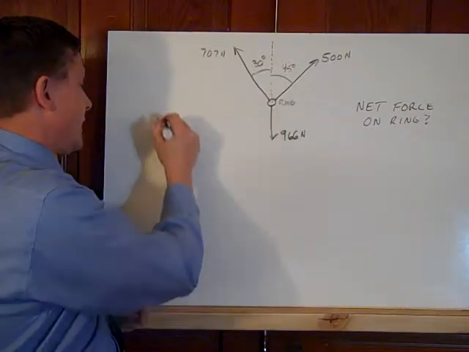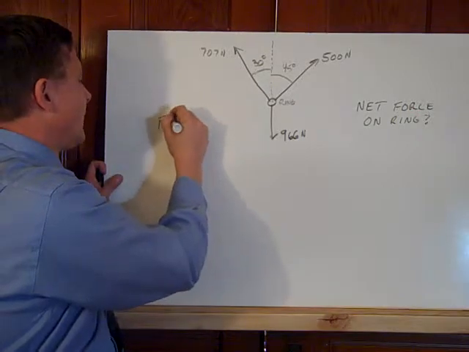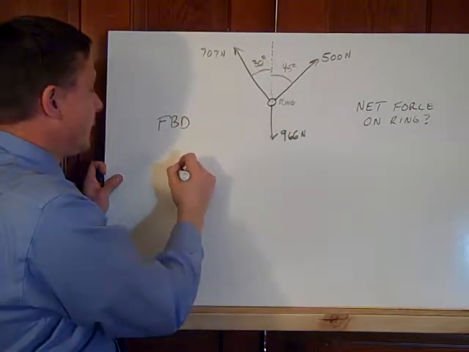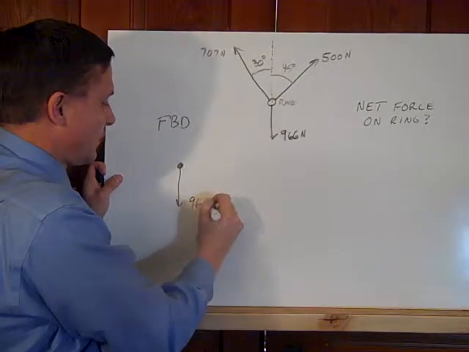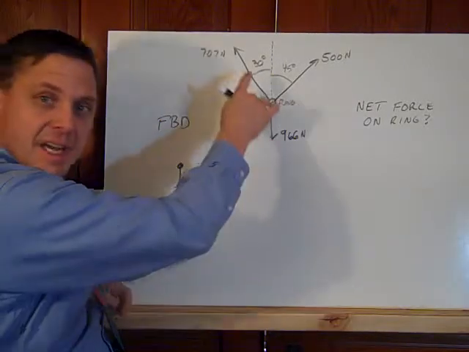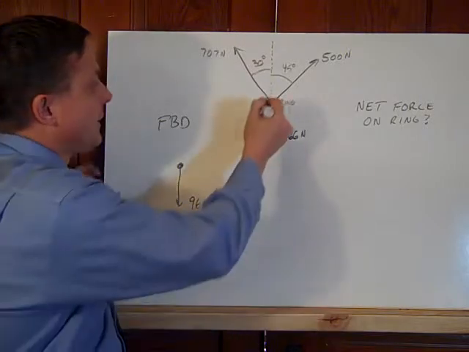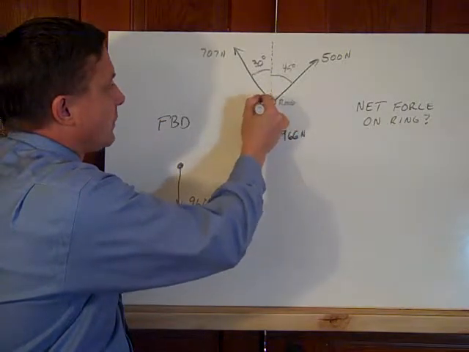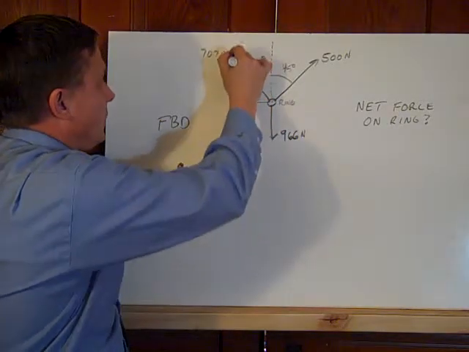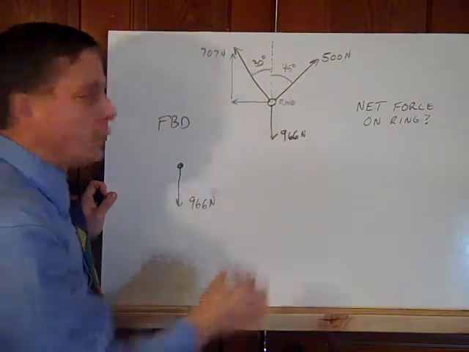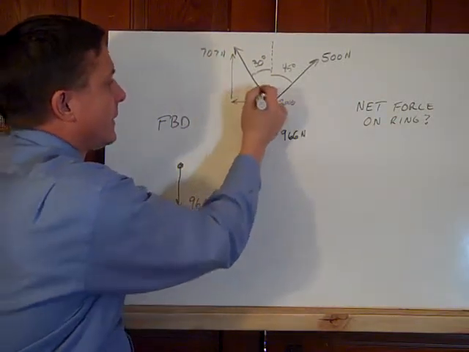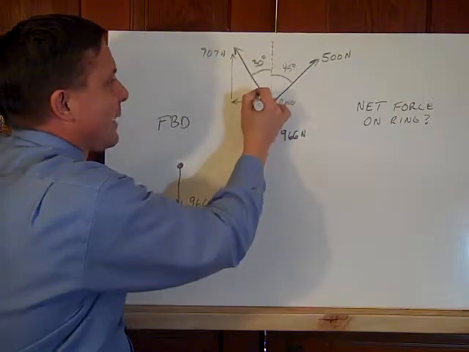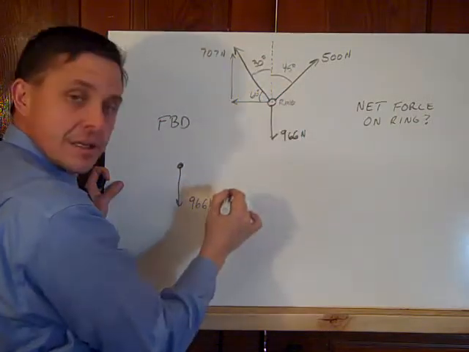So I'm going to have the ring again. Free body diagram of the ring. There's one force we can draw right away, the 966 newtons. That acts totally in the y direction. Now, what I have to do is draw 2 forces for the other 2. I'll start with the 707 newton force. I have an x component, and if this is 30, this is a complementary angle, it's on the 90, that's 60.